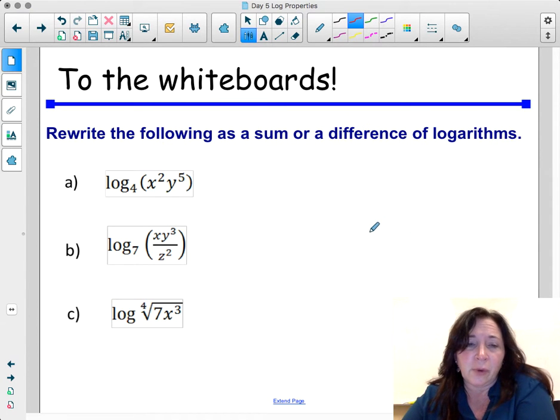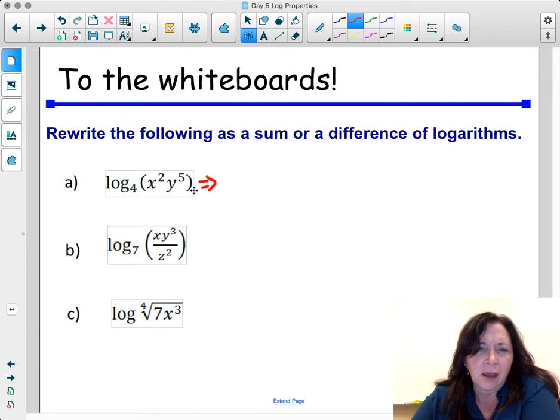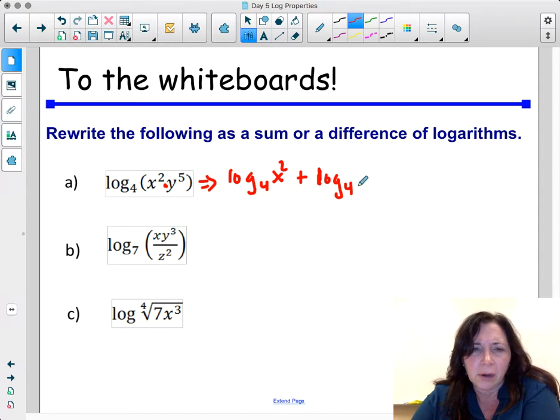Okay, so these ones we're going to rewrite as a sum or difference. So for this first problem, I'm going to start off rewriting that, and I'm going to say, well, that's starting off log base 4 of x squared plus, because remember multiplication here means addition. So we have plus log base 4 of y to the 5th power.